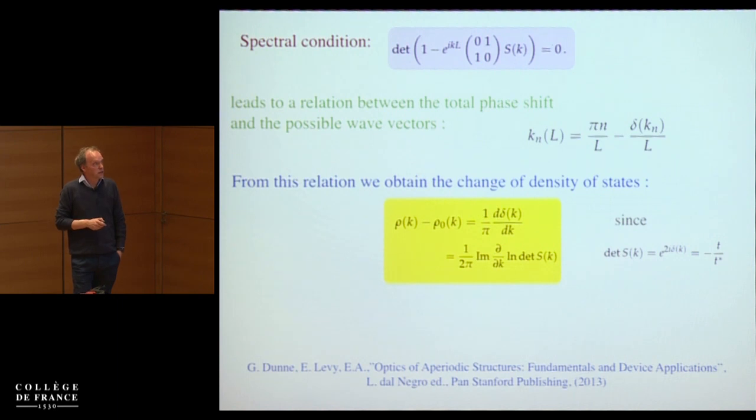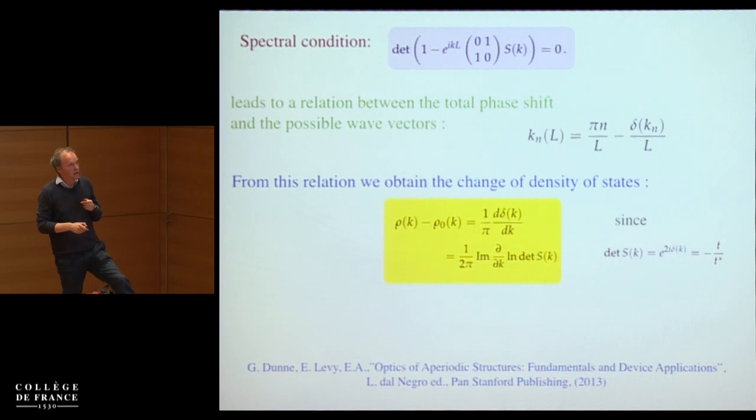This is the density of states of your system, and this is the density of states for the free system. The change of density of states can be related only to the derivative of the total phase shift, or if you prefer to write it in terms of the S matrix in a wave-invariant system, it is given by this.